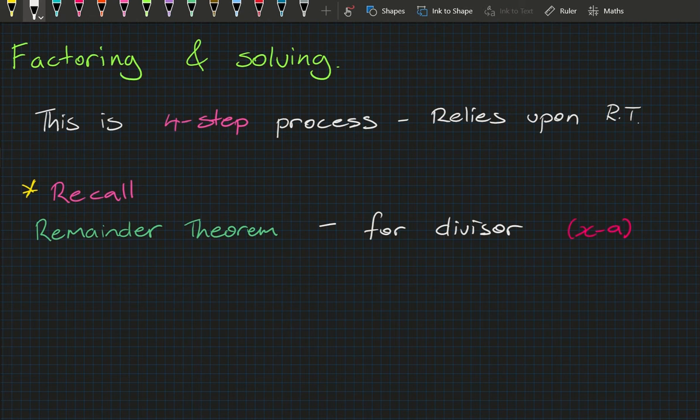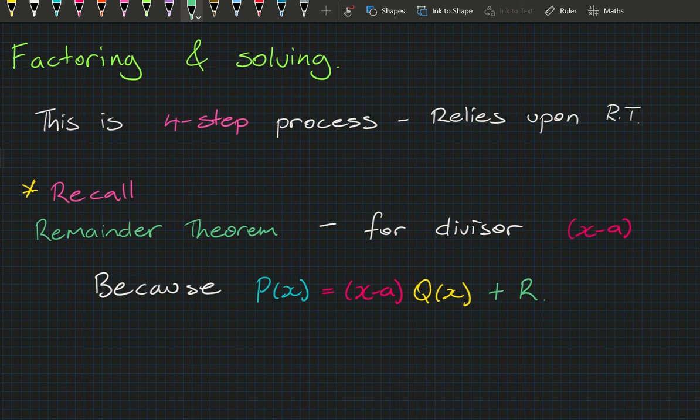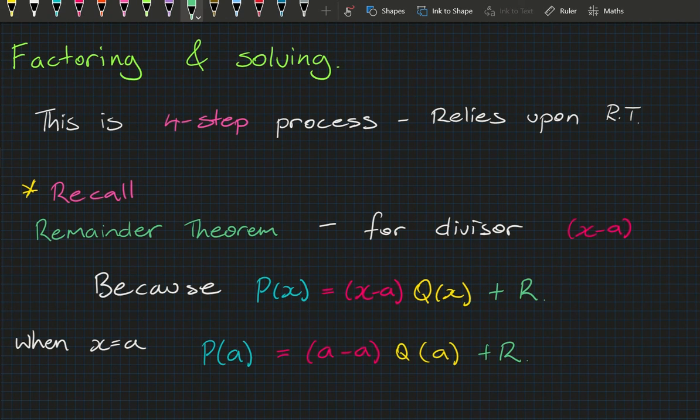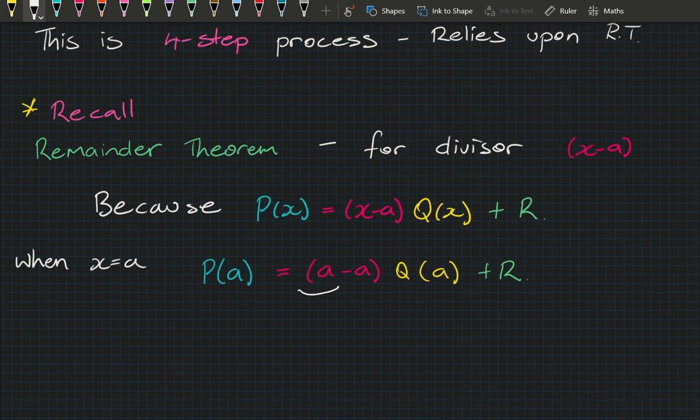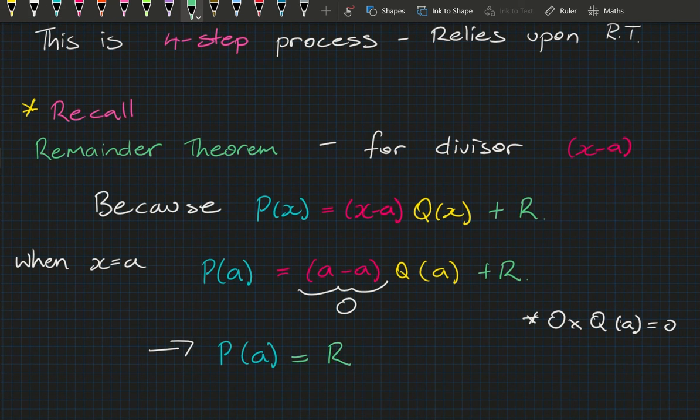Because a polynomial P(x) is equal to this linear divisor times a quotient and an extra remainder, if we had x equal to a and subbed that in, we'd sub in a for all values of x, and we'd be left with (a minus a) times the quotient of a plus the remainder. And because a minus a is equal to 0, and 0 times the quotient of a is also 0, the polynomial at a is equal to the remainder.